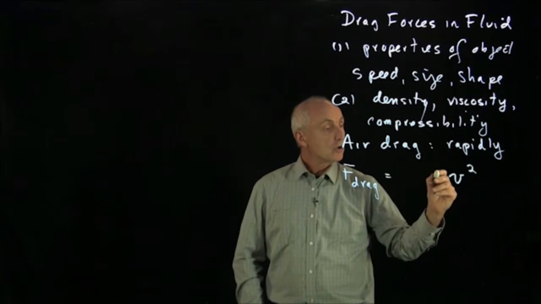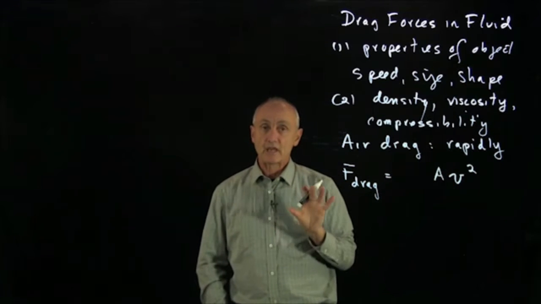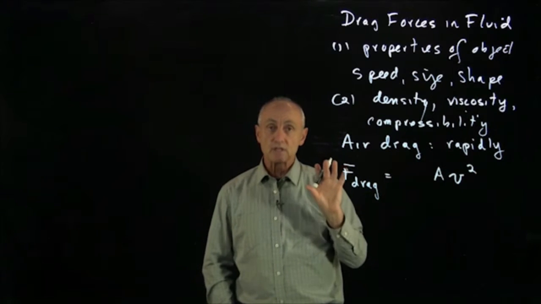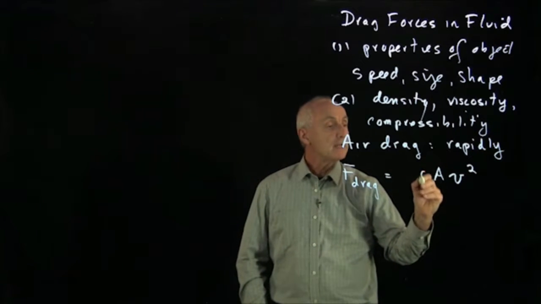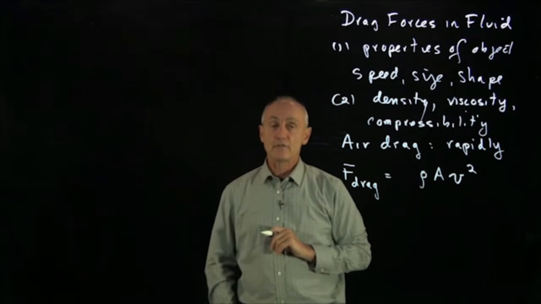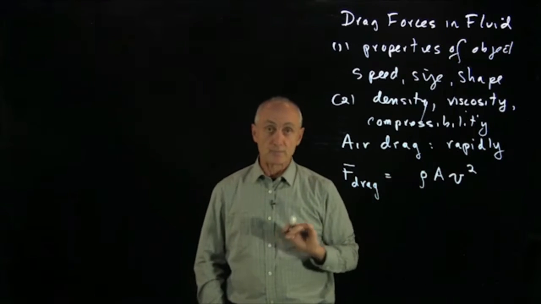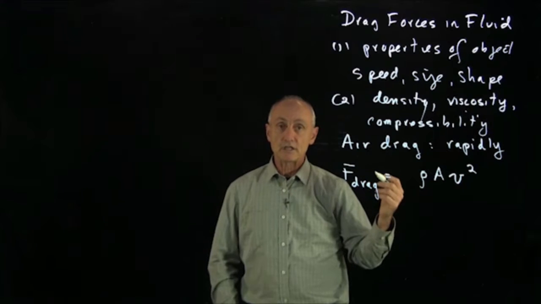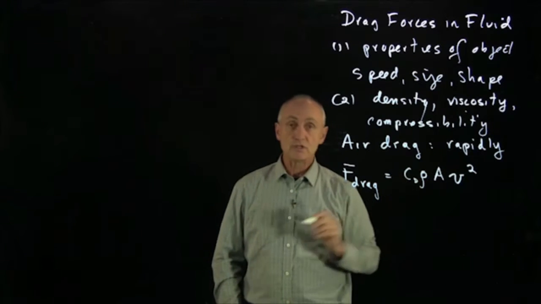There'll be a factor where it's the cross-sectional area that the object presents in the motion perpendicular to the plane of motion. It can depend on the density of the air. And traditionally, there are a couple of coefficients in here that are dimensionless that are empirically determined by the shape of the object, and that's called the drag coefficient.